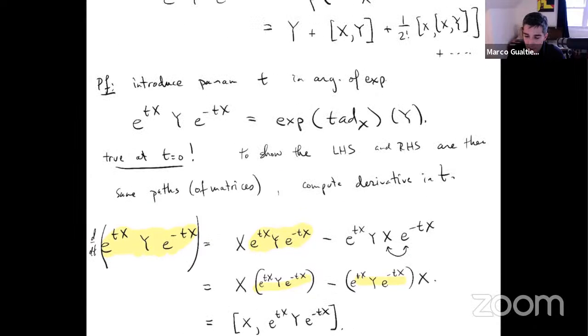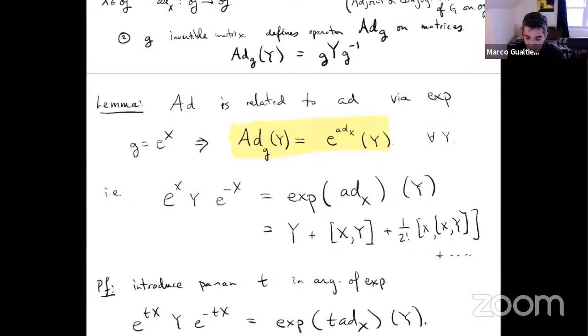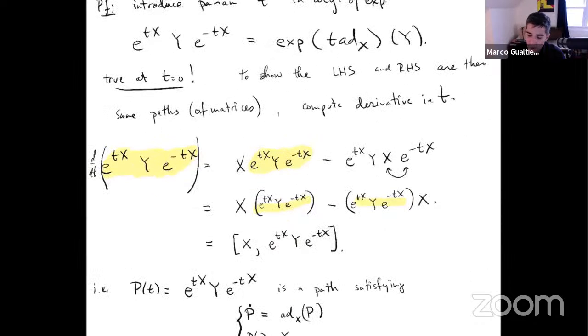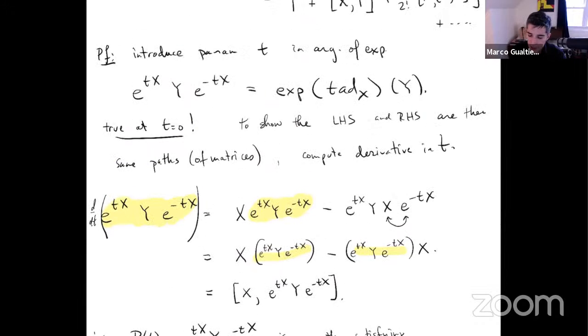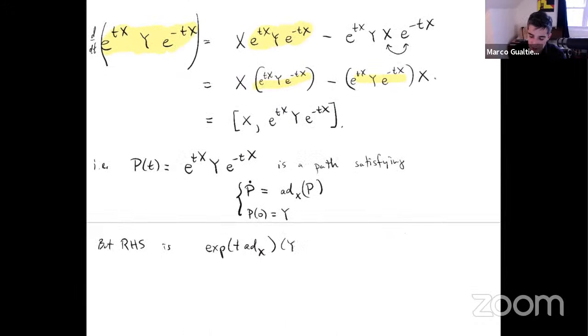Okay, and so if we compare that with the right-hand side, the right-hand side is just the exponential of t ad x applied to y. So its derivative is just ad x.